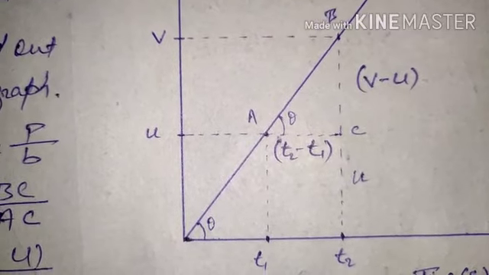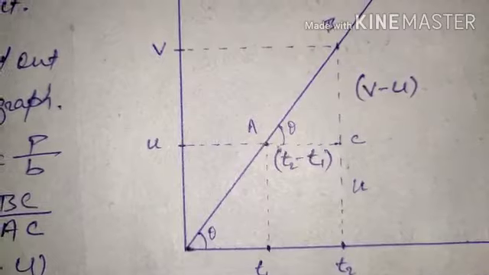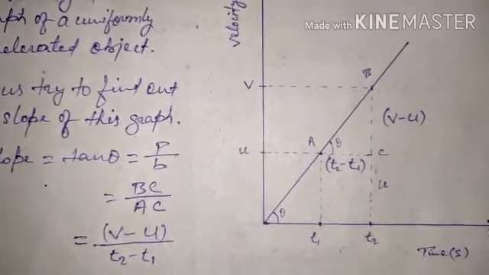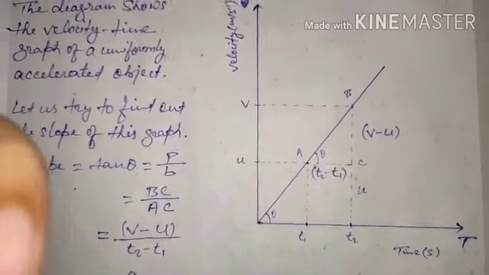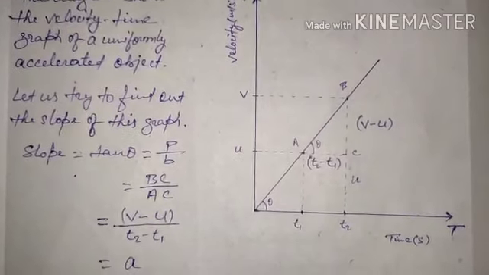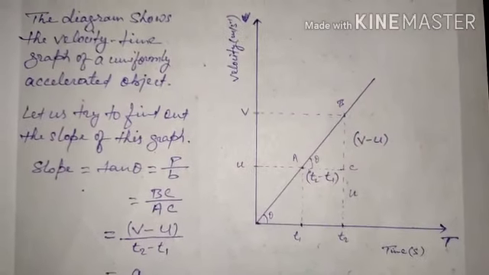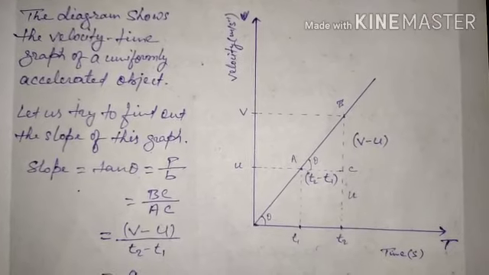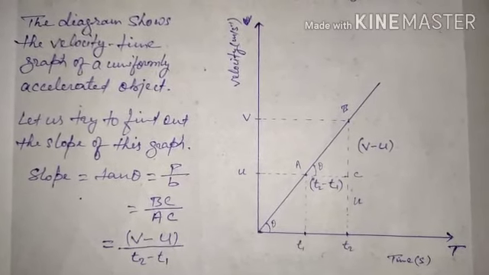So it will change according to time like this. Here you can see that the velocity is changing, but it is changing uniformly, that is, it is the case of uniformly accelerated motion.